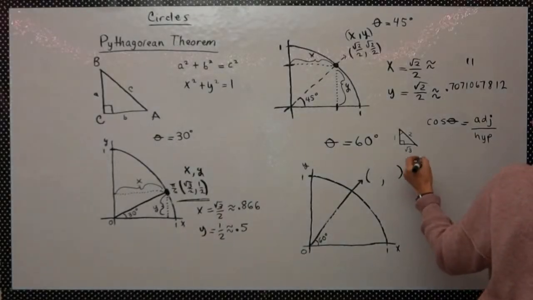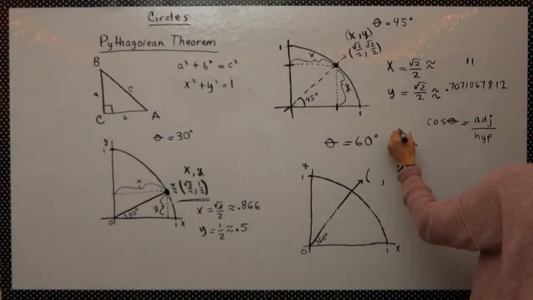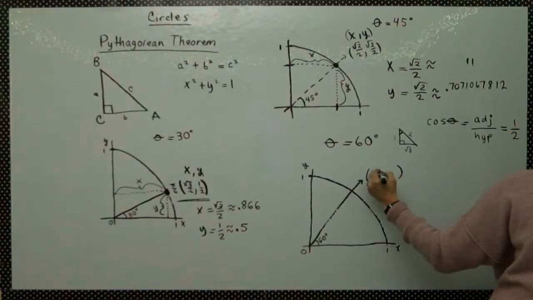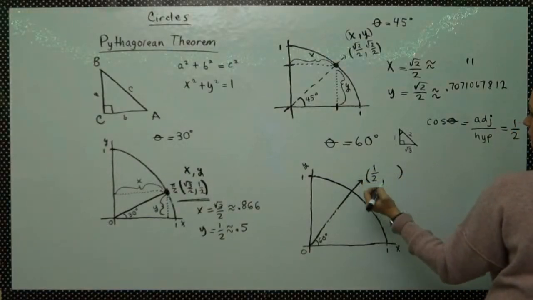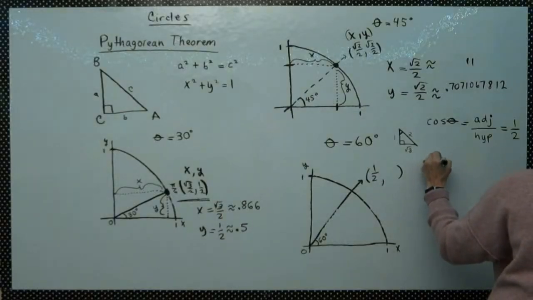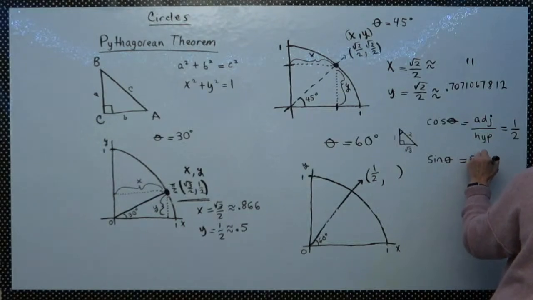And so we have, here's our reference angle here. So adjacent would be 1/2. That's 1/2. And then sine theta is going to be opposite over hypotenuse.